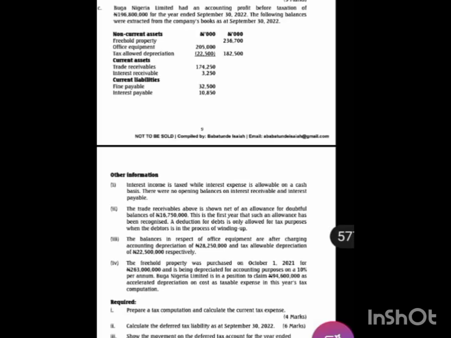So I haven't done that. Increase in provision for doubtful debt, because we are told that the trade receivable above is shown net of an allowance for doubtful balance.